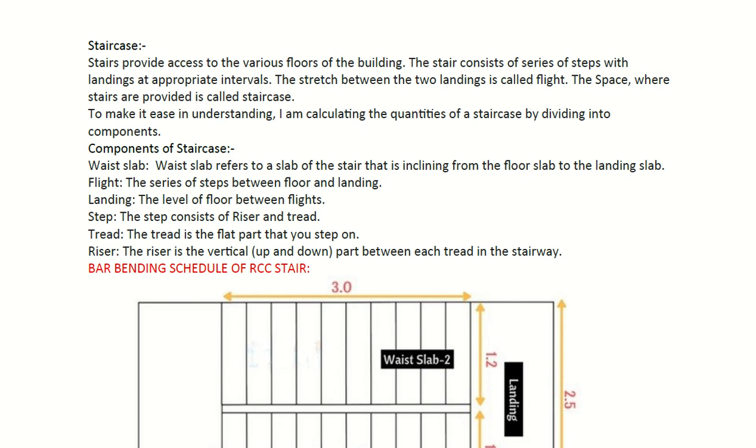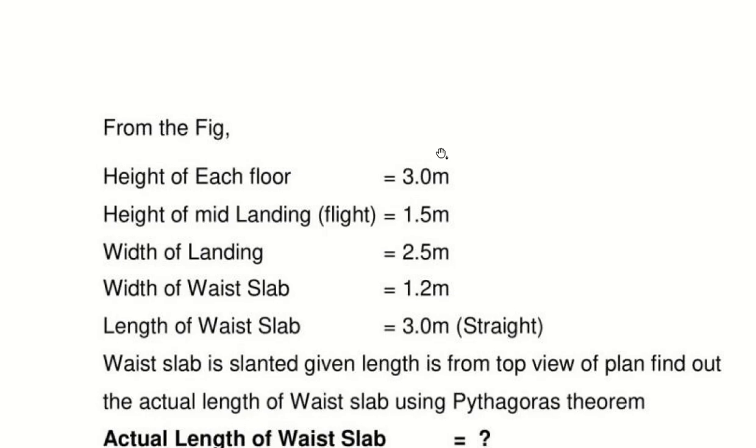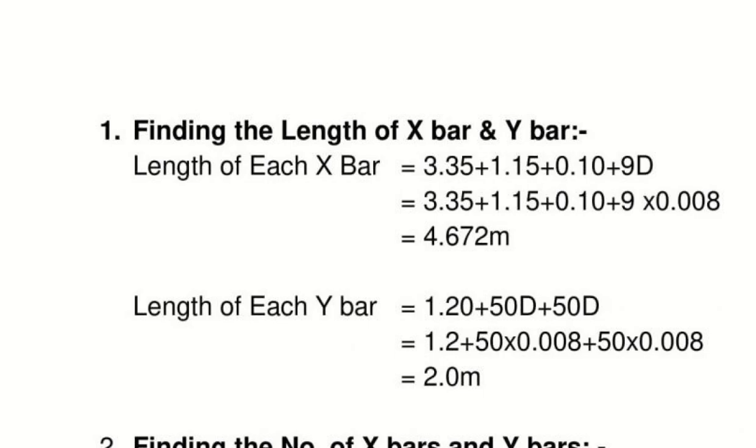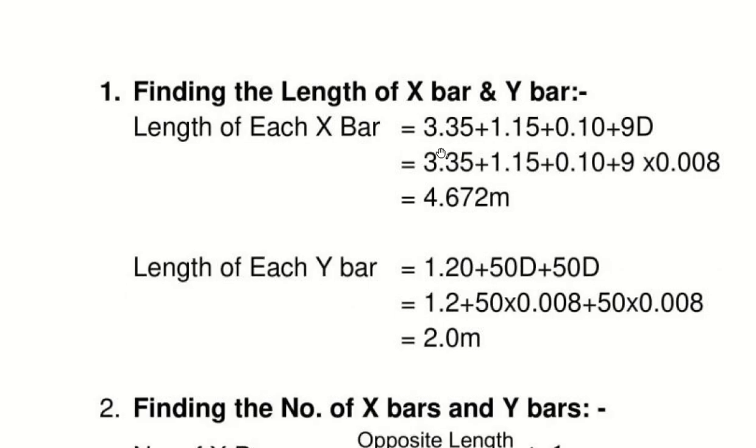Plus it will go into the handrail beam overlapping, which is 50 times dia. 2 times 50 because from both sides. There's a beam on this side, there's a beam on this side. So the base slab plus overlap into the beam on both sides. Clear? Okay, so we got 2 meter full length here.